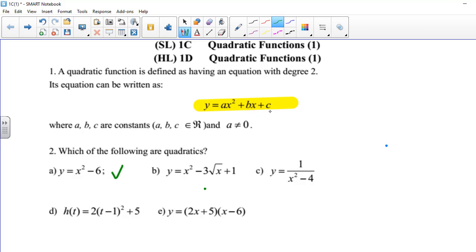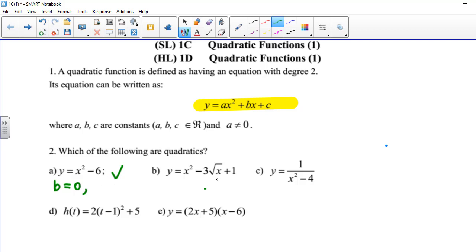As to b and c, one of them or both of the values can be 0. In this case, your b is 0. For this reason, 3 terms become 2 terms. And y equals x squared minus 6 fits the definition of a quadratic function. Therefore, this is a quadratic function.